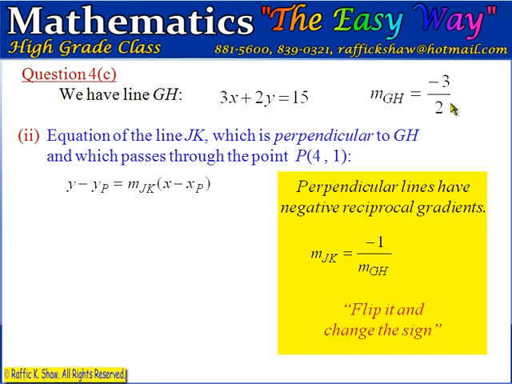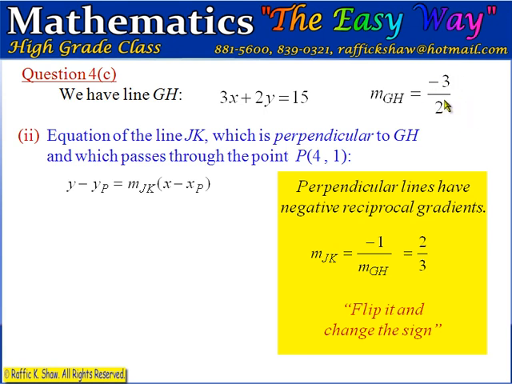So since we have this as the gradient of GH and we want the gradient of the perpendicular line JK, then we can flip this and change the sign, and that's how this calculation can be done quickly. And so minus 3 divided by 2, we can flip that, it becomes 2 divided by minus 3, and then change the sign from negative to positive, and the result therefore is 2 divided by 3.